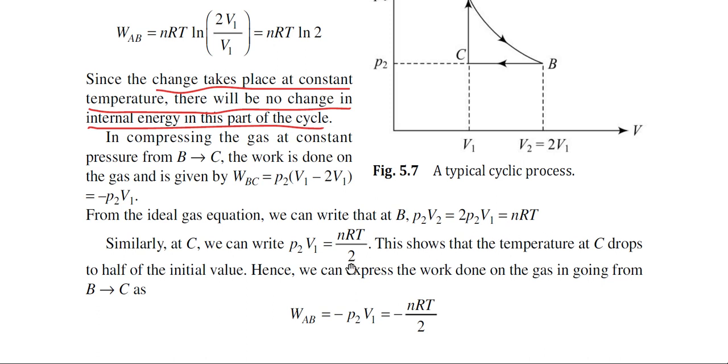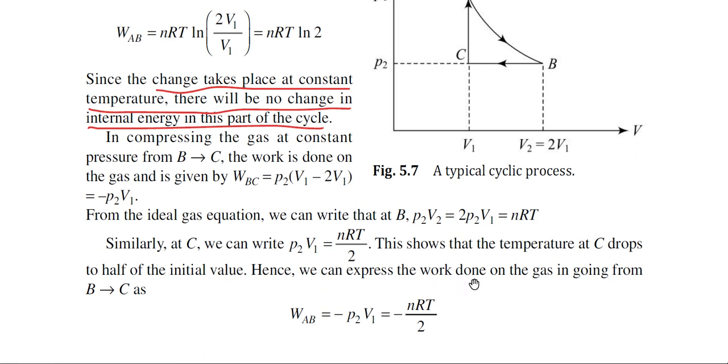So at the point C, multiplication of P into V gives us nRT by 2. As it is T by 2, that is why we are saying that at the point C the temperature drops to half of the initial value.